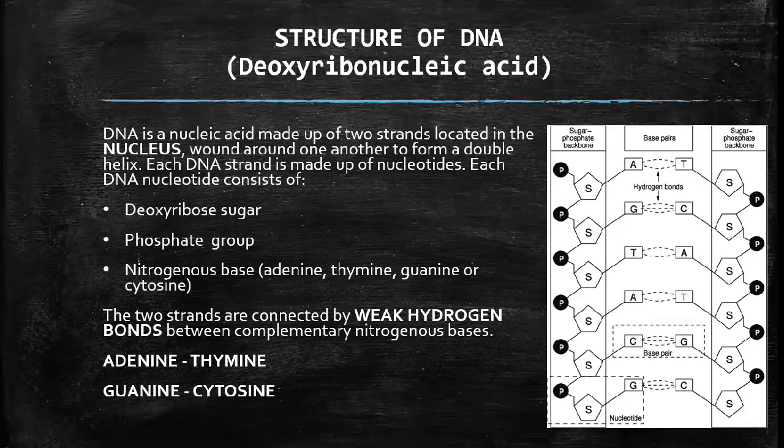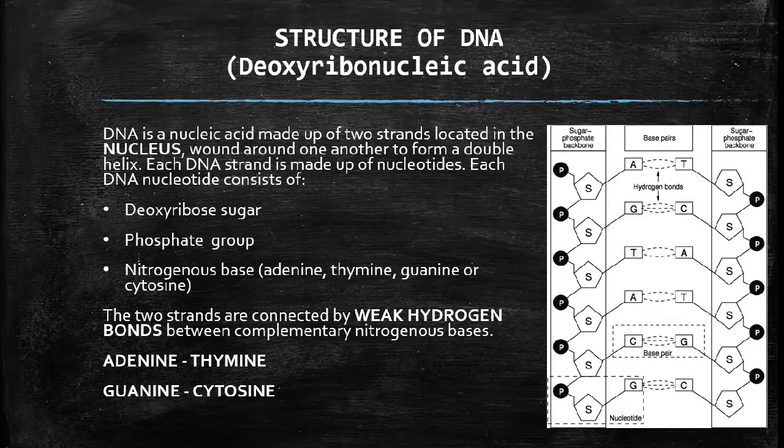Each DNA nucleotide consists of a deoxyribose sugar, a phosphate group, and 4 nitrogenous bases, which are adenine, thymine, guanine, and cytosine. Don't be confused by this. I'm going to discuss what a nucleotide looks like.